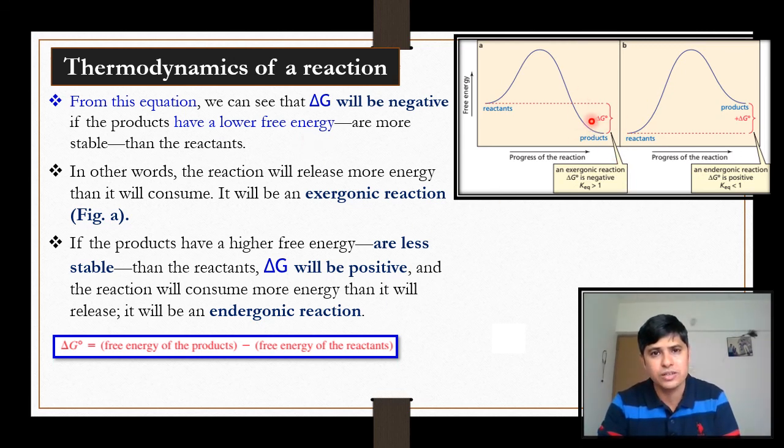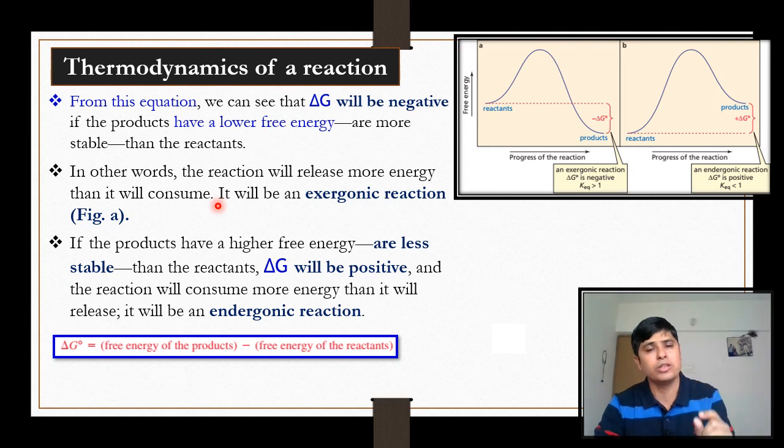See this first curve: if products have lower energy and are more stable than the reactant, then delta G will be negative. In other words, the reaction will release more energy than it will consume.